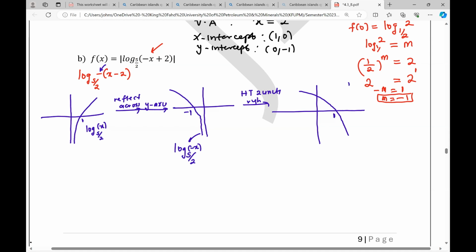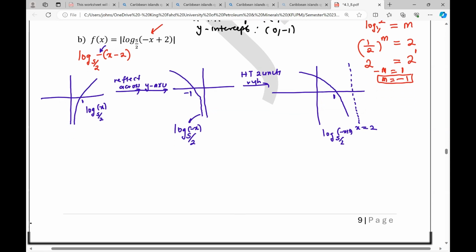And definitely it means the horizontal asymptote here, sorry, the vertical asymptote is nothing but x is equal to 2. So this is the graph of log to base 5 over 2 of minus x plus 2.